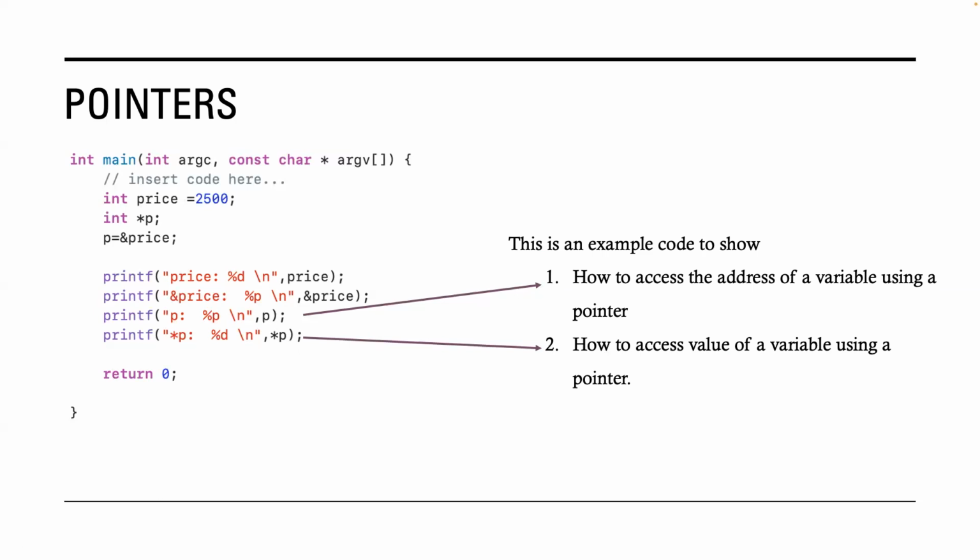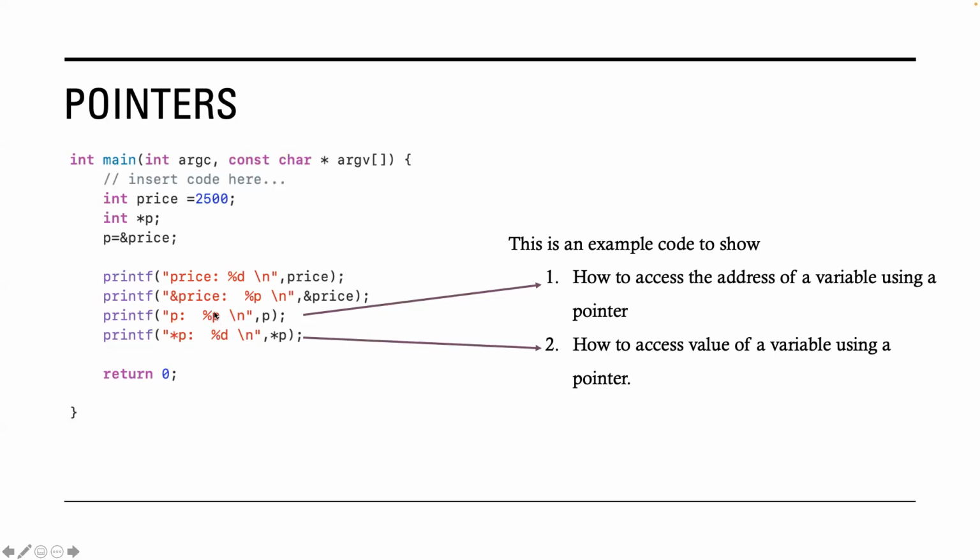So this one prints the value of the price variable. So here I am using %d because this is a numerical value, and here this is an address of some location in the memory, so it should be %p.